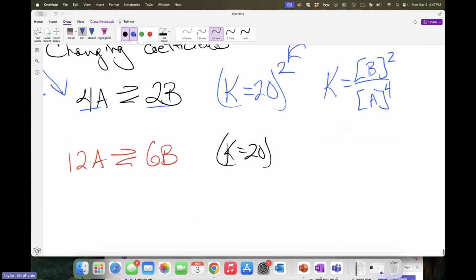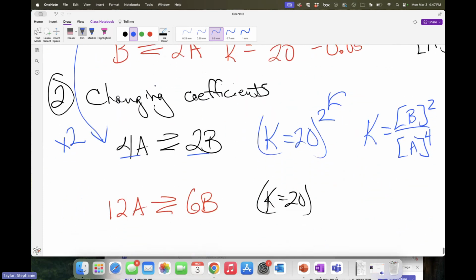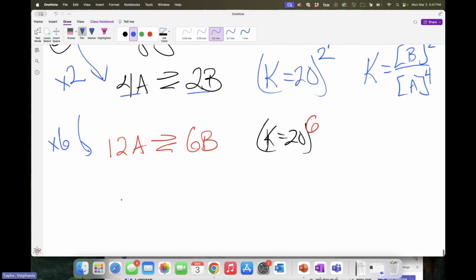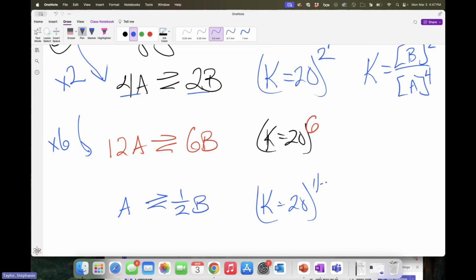And since what's actually happening as I go from 2A goes to B is a factor times 6, I would raise this to the exponent of 6. So whatever that factor is is what I'm using for my exponent. Likewise, I could also do this if I went to A goes to 1/2 B. I could also raise my K value to a fractional exponent.